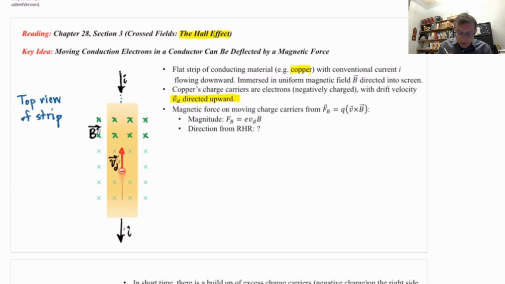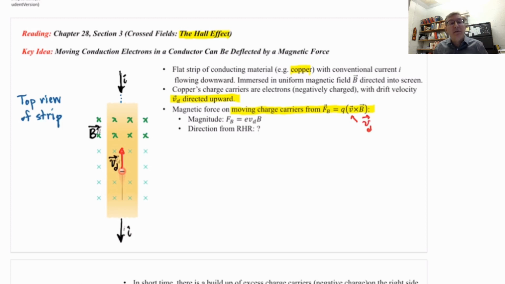What we learned in chapter 28, section 1, is that if I have moving charges in a magnetic field, there can be a magnetic force, F sub B, on those charges. And the formula for calculating that is Q times V cross B, velocity cross magnetic field. Of course, the velocity we mean here would be the drift velocity of the conduction electrons.